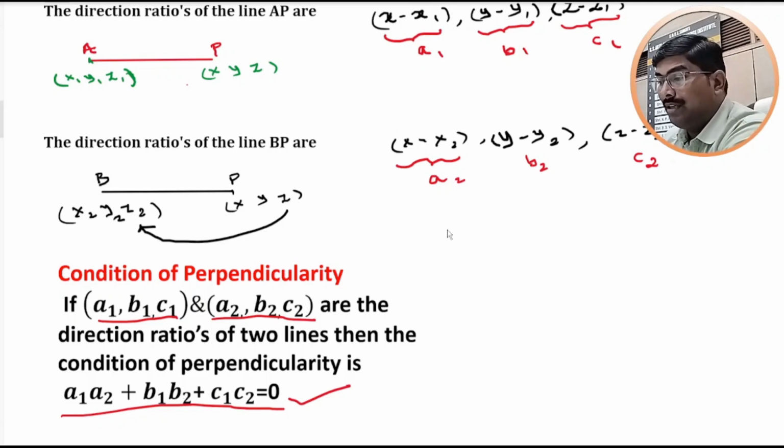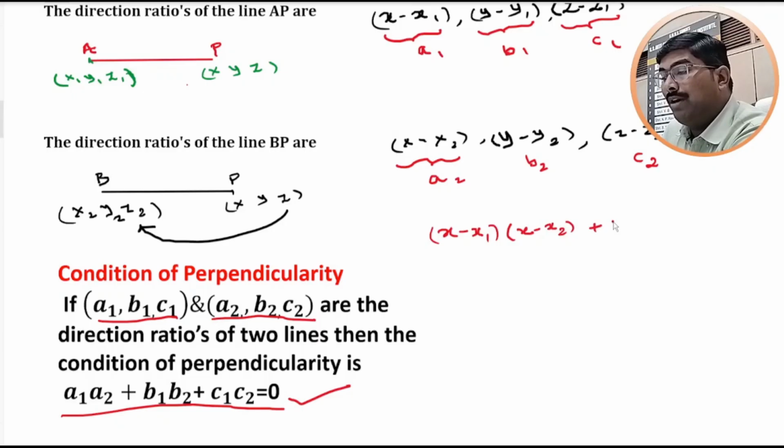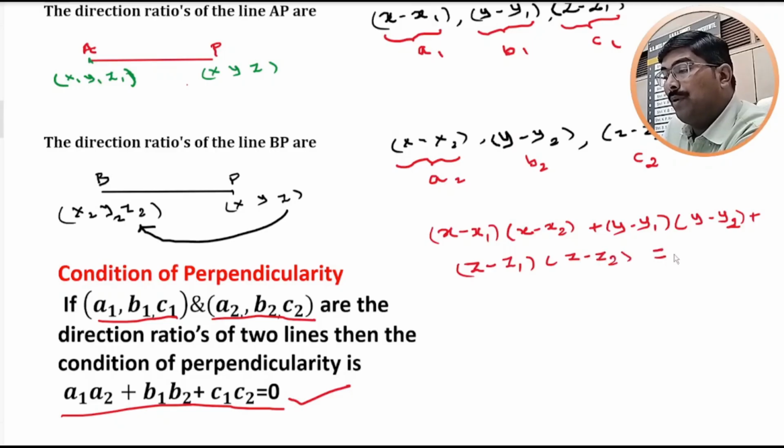We get, A1 value is x minus x1, A2 value is x minus x2, plus B1 value is y minus y1 into B2 value is y minus y2, plus C1 value is z minus z1 and C2 value is z minus z2, and that is equal to 0.